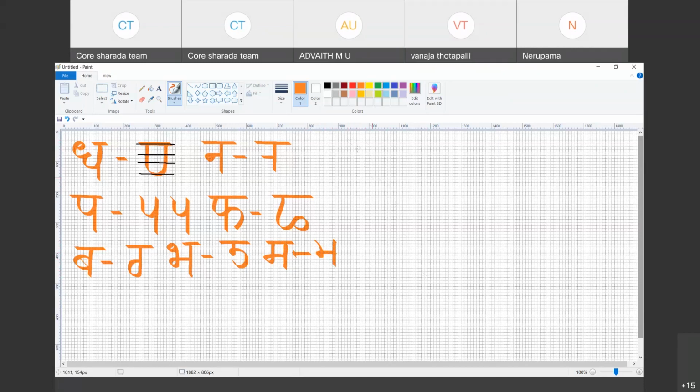Then we see ya. Draw the Shirorekha. From the left, this slant line here. Then from here, this round, it will go up and like this.